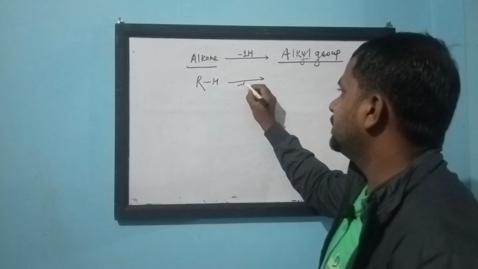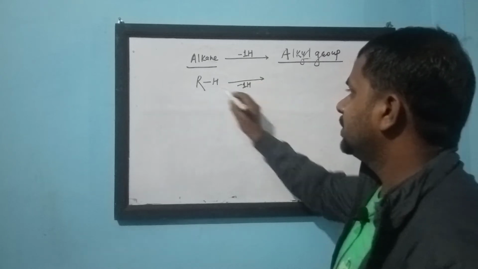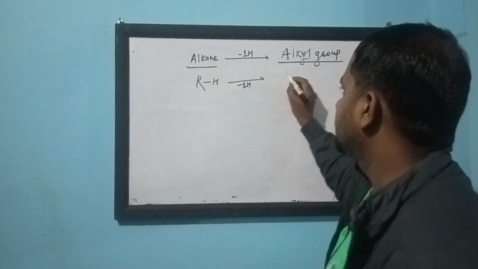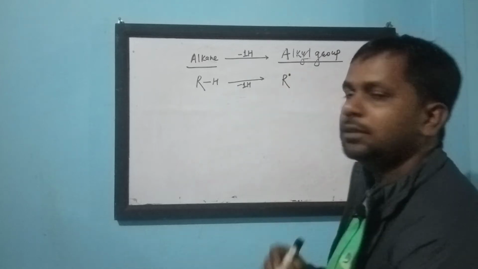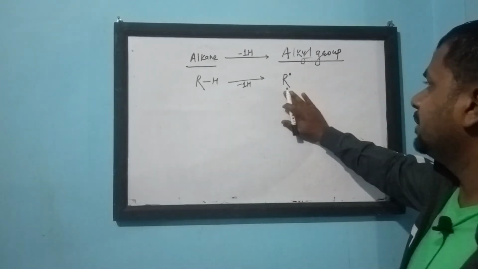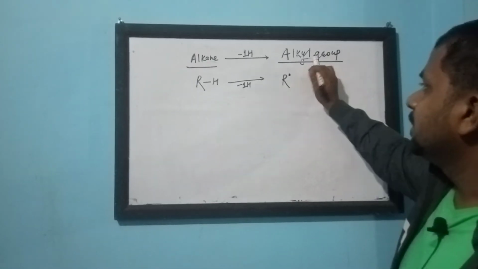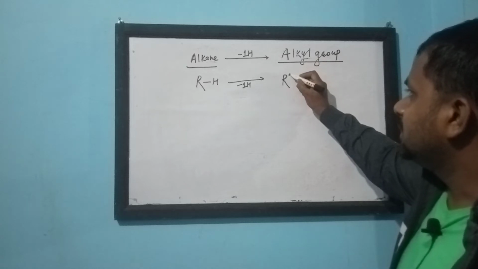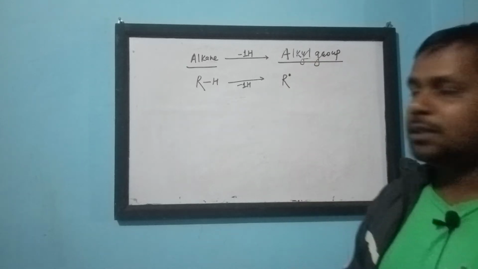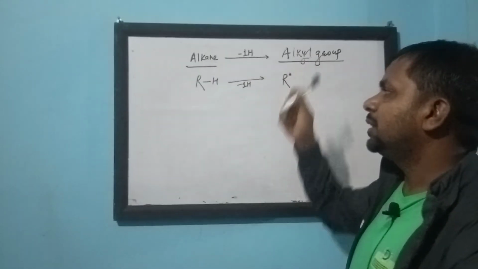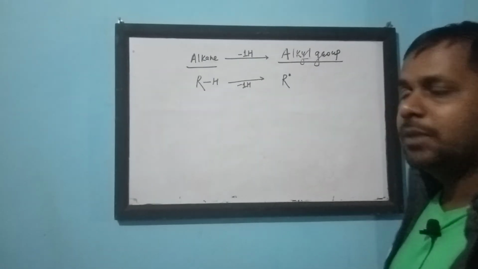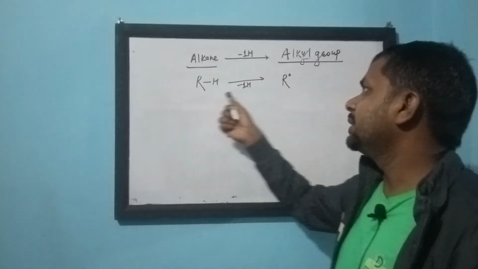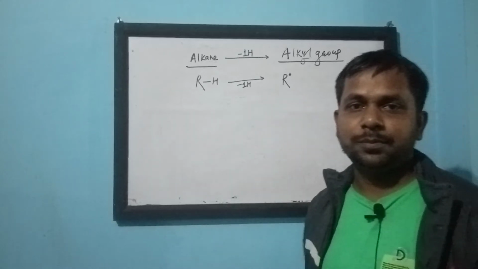Then when one H is removed from this alkane, whatever is remaining here is R, or simply R with one symbol of electron over here. This can be the symbol for alkyl group. I hope you are understanding this. In this way also we can represent the alkyl group.